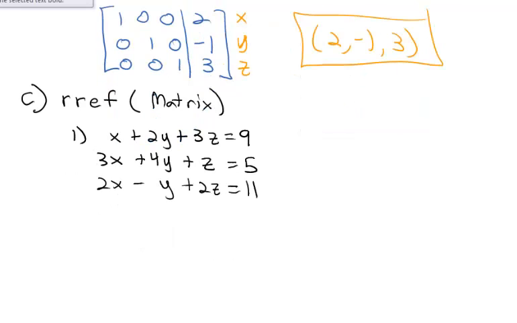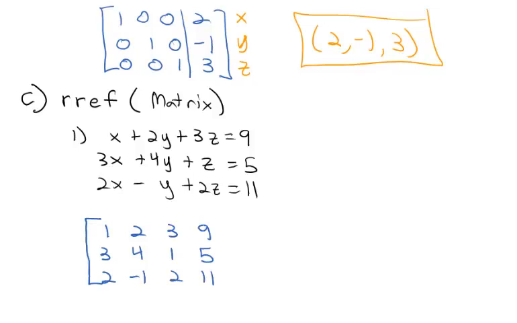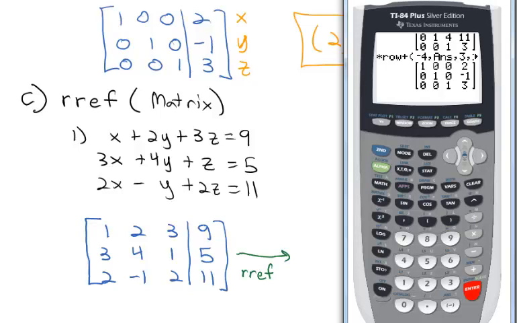Now again, if we know we want to solve by reduced row echelon form, we can make the augmented matrix: 1, 2, 3, 9, 3, 4, 1, 5, 2, negative 1, 2, 11. And we're going to find the reduced row echelon form on the calculator.